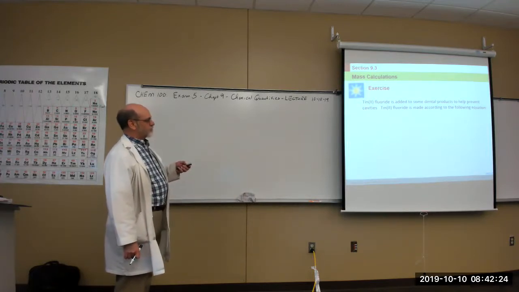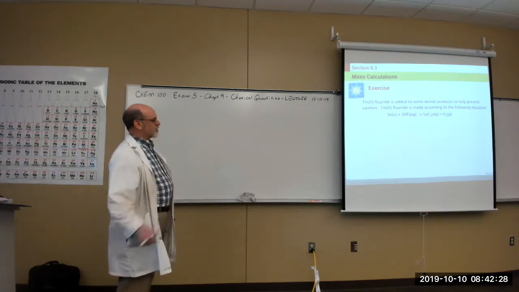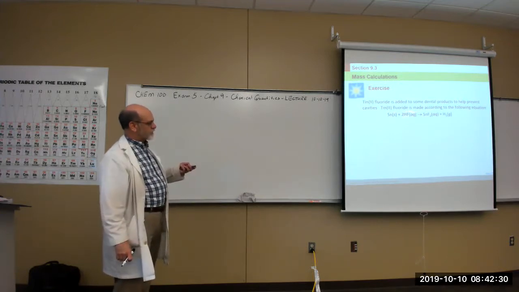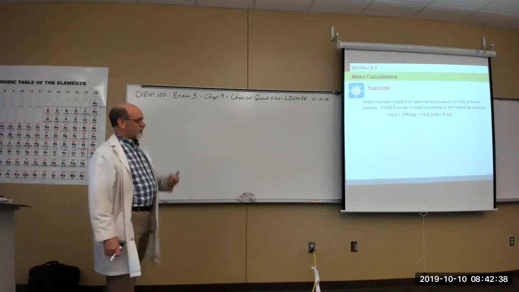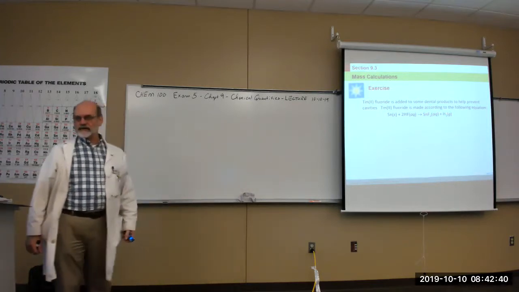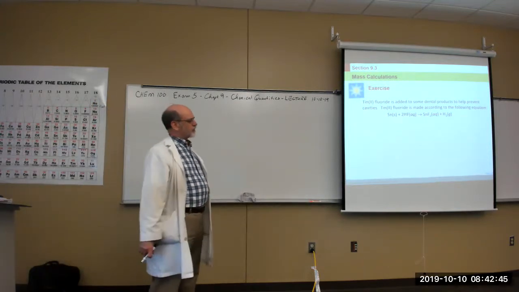Okay, so here's how tin(II) fluoride is produced. Hydrofluoric acid and tin metal makes tin(II) fluoride plus hydrogen gas. Right? So when that reaction occurs, you're going to have lots of bubbles. So what do they do with the hydrogen? I'm not sure.